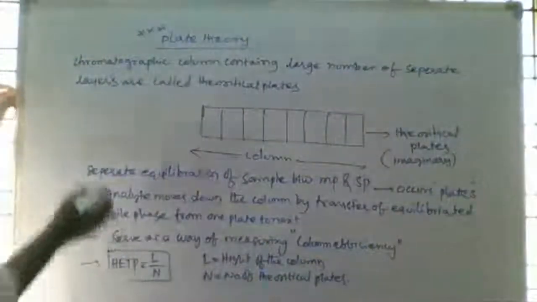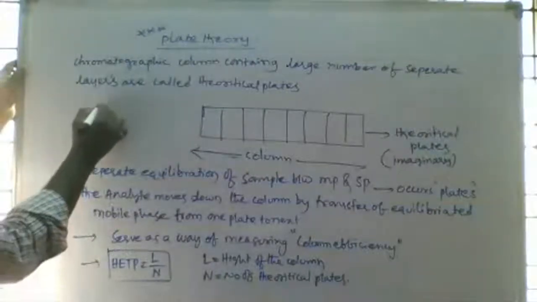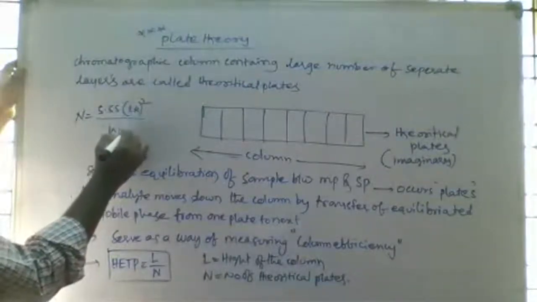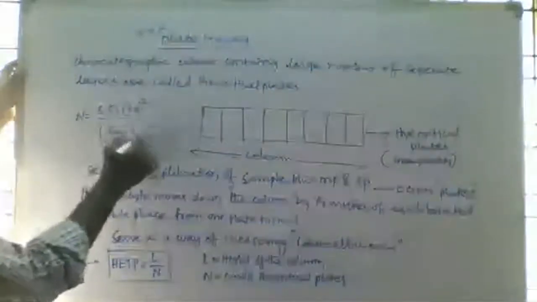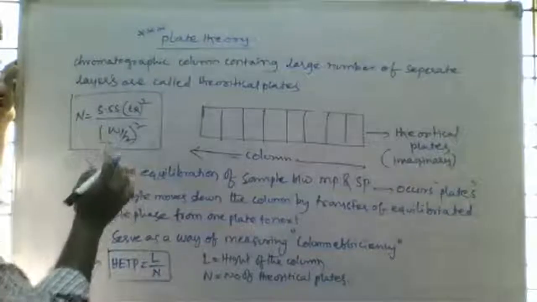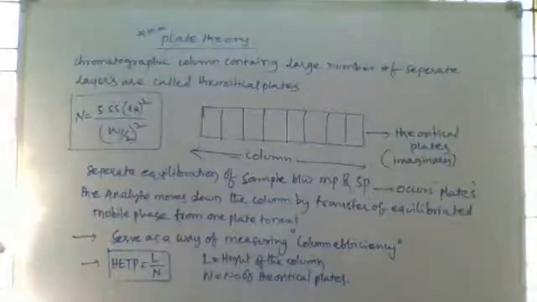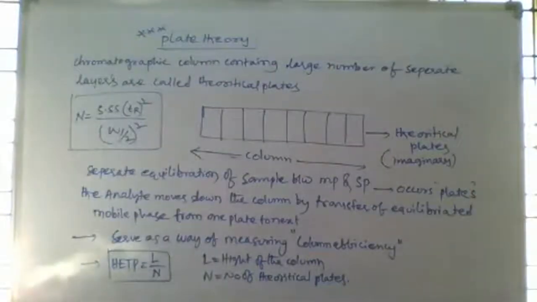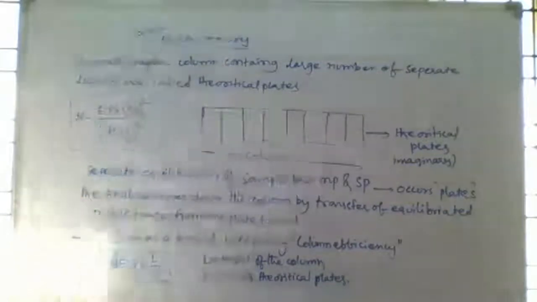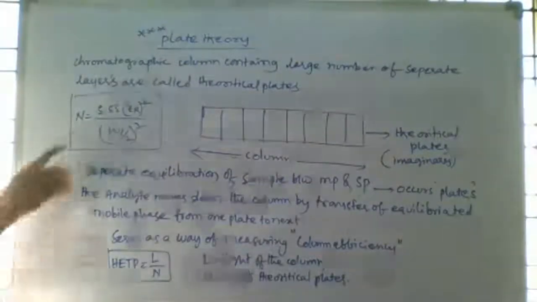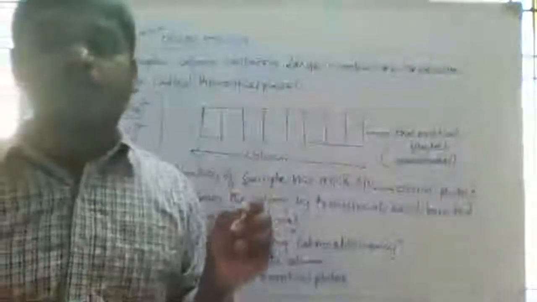So N is equal to 5.55 times tR squared by W half squared, where tR means the retention time and W half is the peak width at half height.